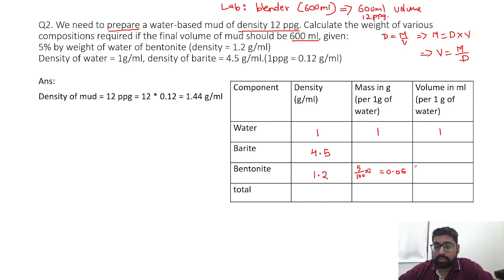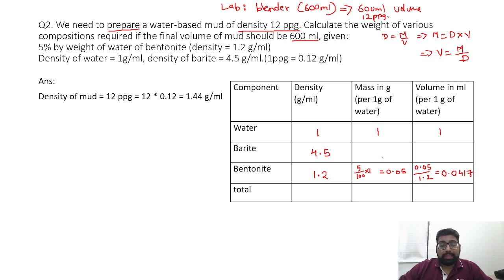So volume will be the mass, 0.05 for bentonite, upon the density, 1.2. It is 0.05 divided by 1.2, which comes to 0.0417. I am just approximating the value to 4 digits.